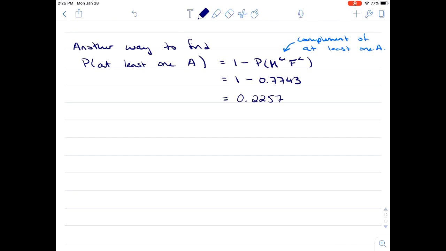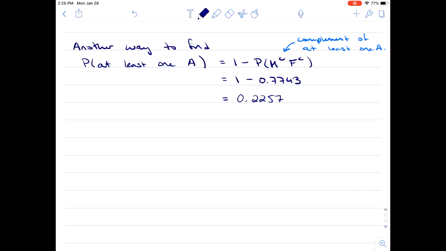And this little trick isn't going to be that relevant for this section, but we will start using it when we get into binomials, which is next week. We will use that kind of trick of saying, well, I could add all these up, or I could just do 1 minus this one out here.